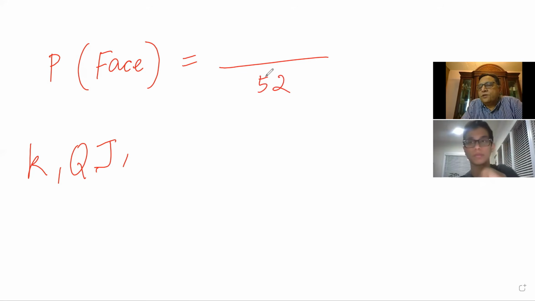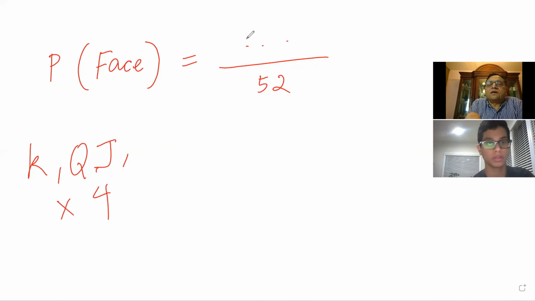So that 52 is going to come in the denominator. Perfect. Now, in the numerator, success criteria is to pull out a face card. So there are 3 times 4, right? 12 face cards, correct? Because in every suit, there are these 3 face cards. So that becomes the probability of getting a face card.